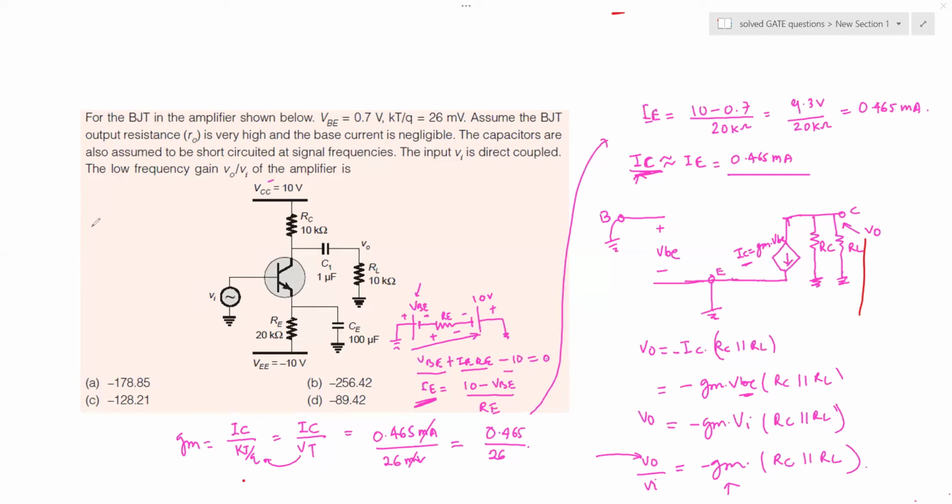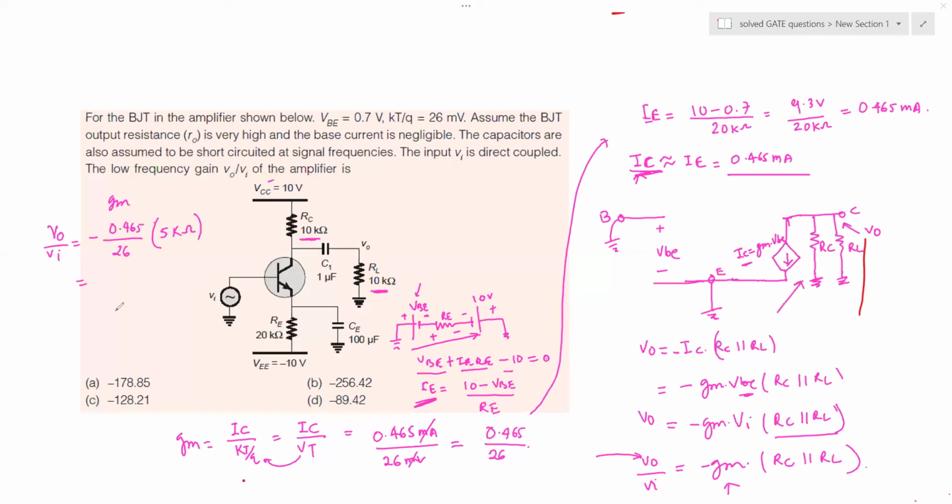So we would say VO divided by VI is equal to, minus sign is there, 0.465 divided by 26. This is your GM, multiplied by, what is the value of RC and RL? 10K each. They are in parallel, right here from the model. So their value is effectively 5 kilo ohm.